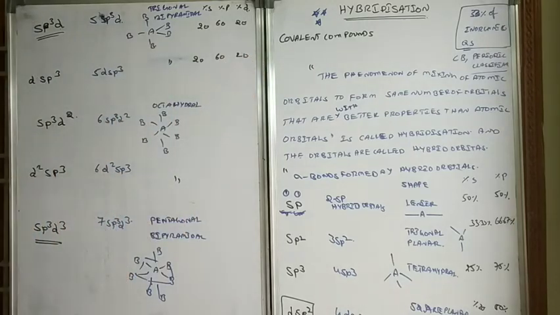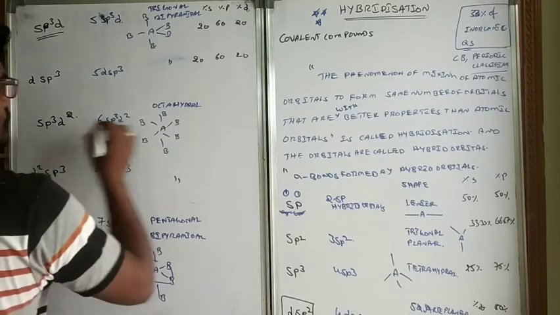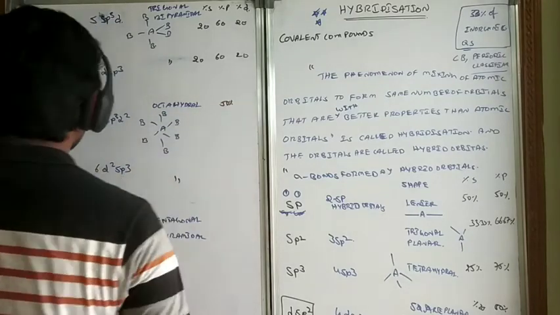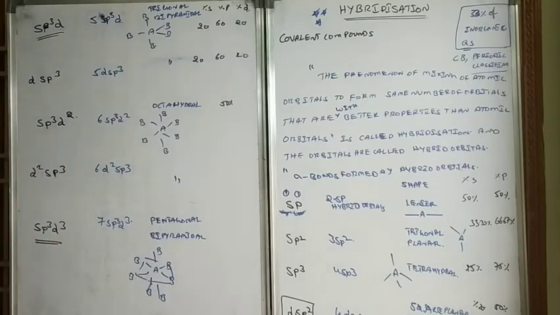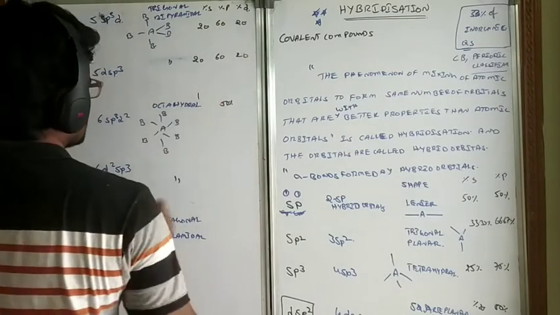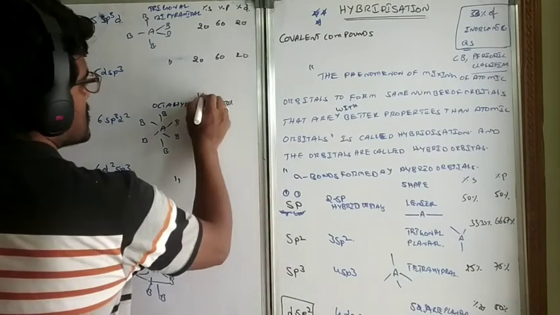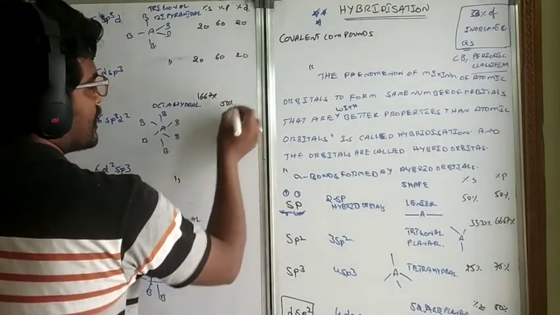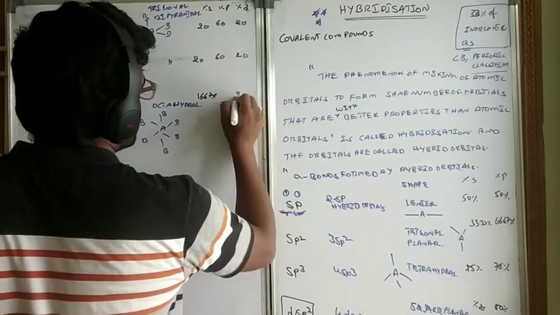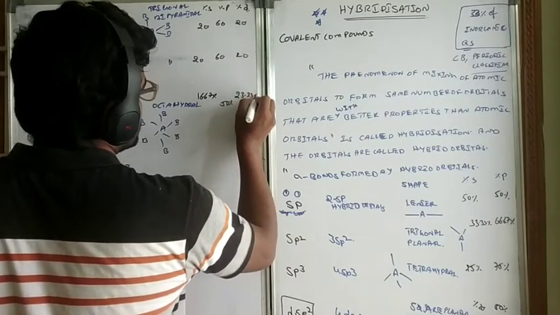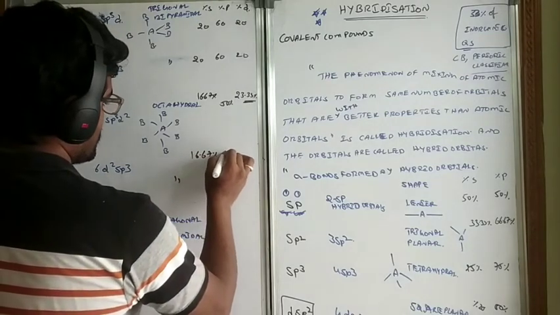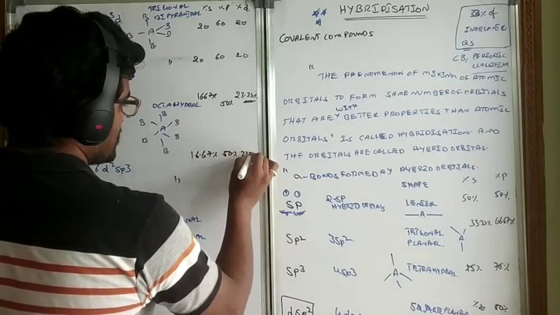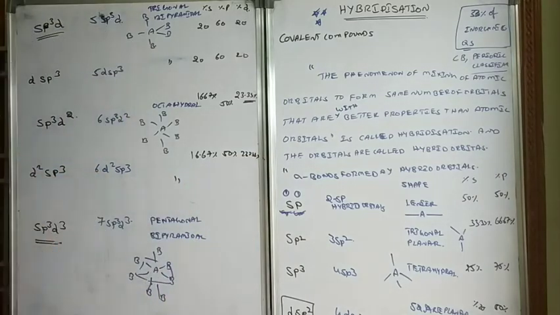The p orbital will be 50%. So 1 by 6 into 100 is 16.67%, and the d will be 33.33%. Here also the same thing: 16.67%, 50%, 33.33%.